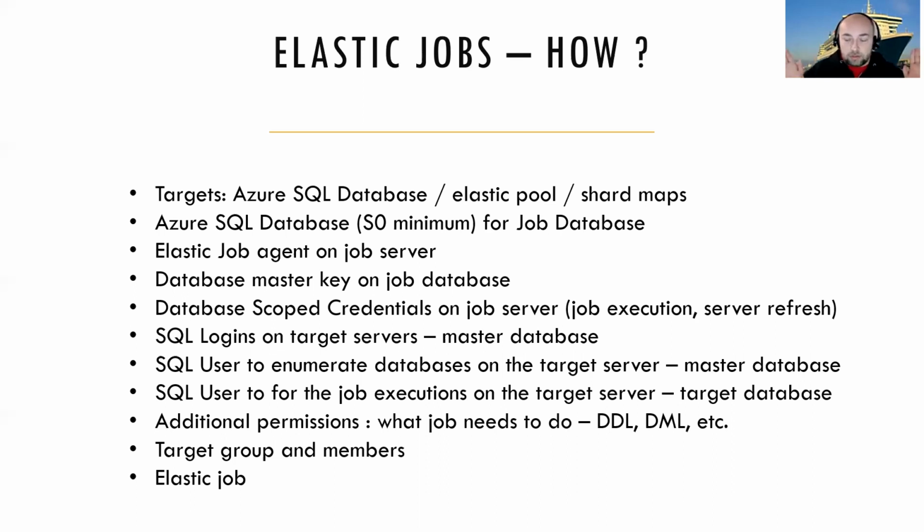Like you can run the job against the targets and then save the outputs to the master database. And it's good to have different account with different permissions, just not to give one service account all the permissions.